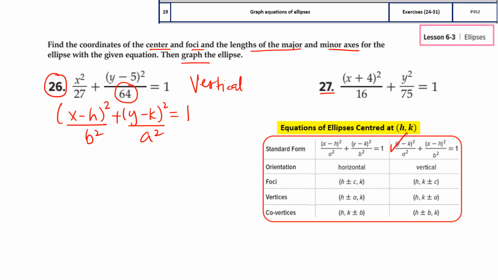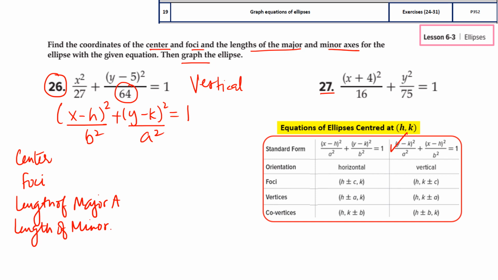So let's make the table. So center we need, foci we need, length of major axis we need, length of minor axis we need. Okay, so all these things, let's write the formula. Center is given by h comma k.